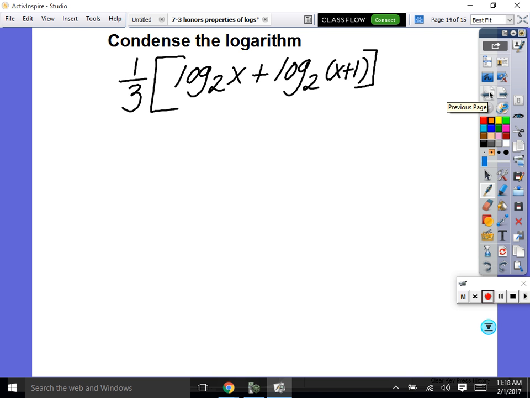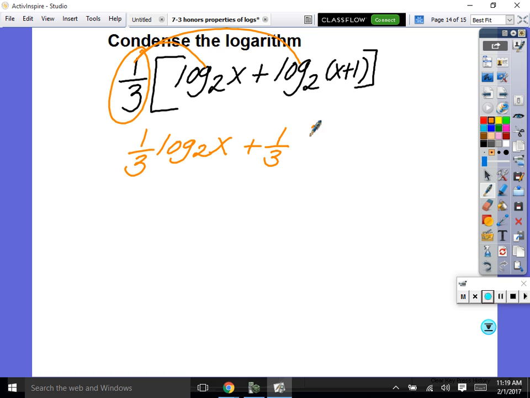Condense the logarithm. Notice this one is very interesting because the 1/3 is multiplied to all of that, correct, everybody? So let's rewrite it and distribute it. It'd be 1/3 log to the base 2 of x, this times this, plus 1/3 log to the base 2 of x plus 1.